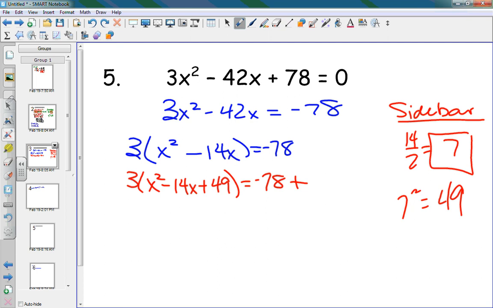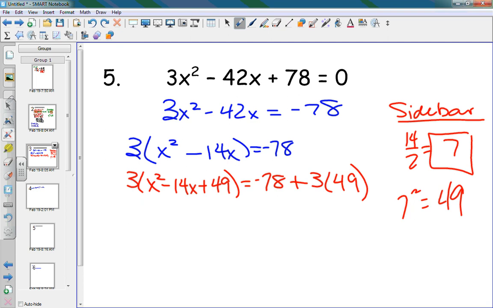Because when you distribute the left side, the 49 is inside the parentheses. What's attached to the parentheses on the outside? The 3. How's it attached? Okay. So what you're telling me is I'm not just adding 49, but 3 times 49, yes? So I need to tack that on over here also. Do we see that, yes or no?